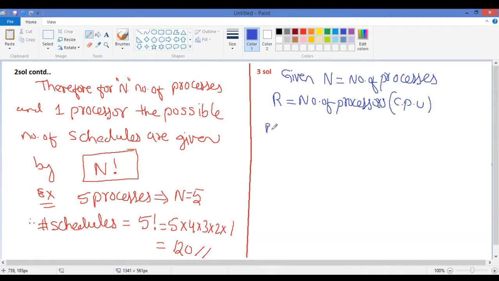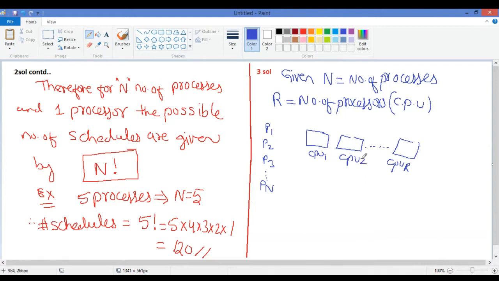Suppose you have process P1, process P2, process P3, so on, Pn number of processes, and you have CPU1, CPU2, so on, r number of CPUs, CPU r.